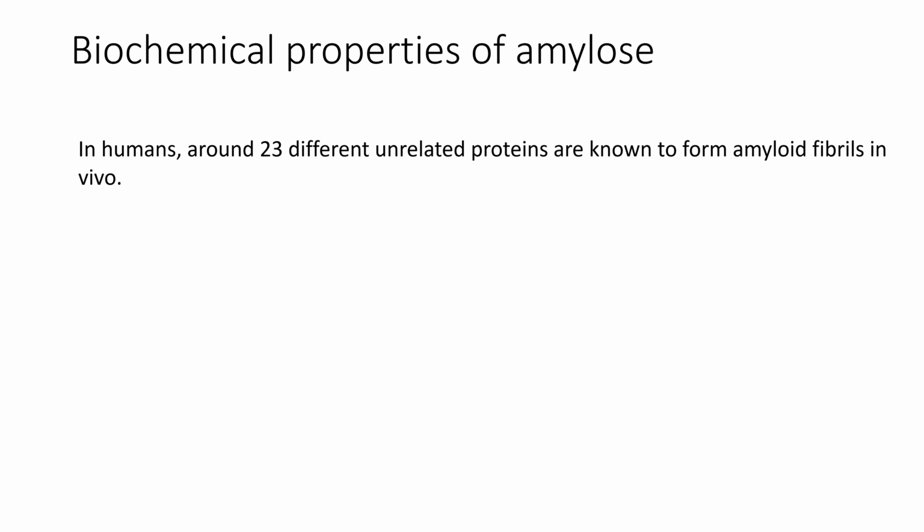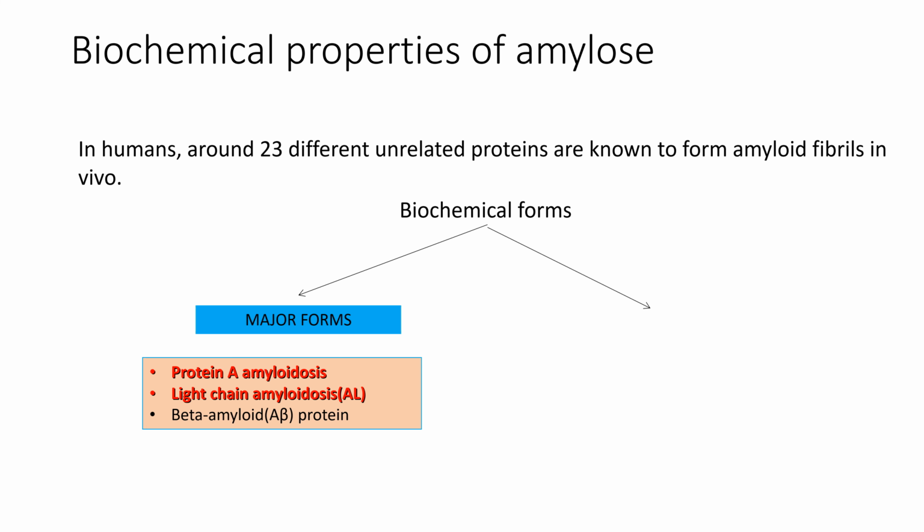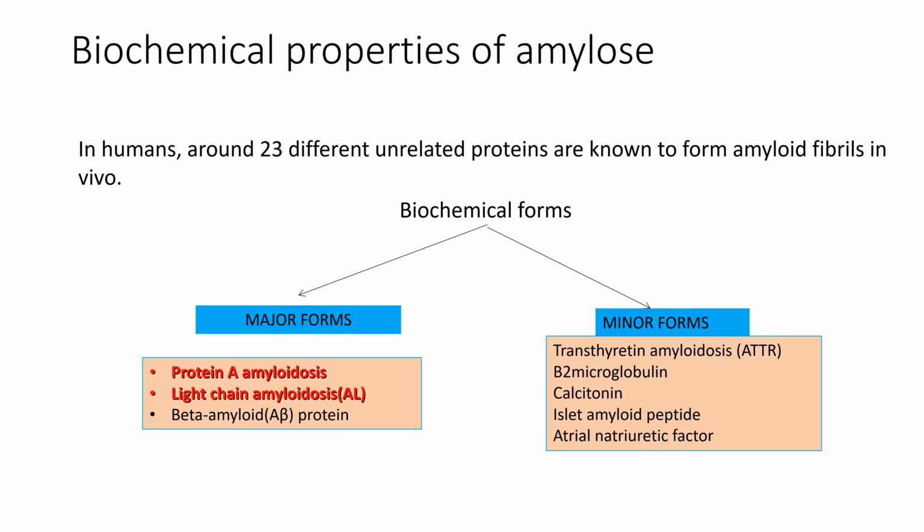In humans, around 23 different unrelated proteins are known to form amyloid fibrils in vivo, and we'll be looking at major forms and minor forms, and we are going to speak about AA amyloidosis and AL light chain amyloidosis in detail.